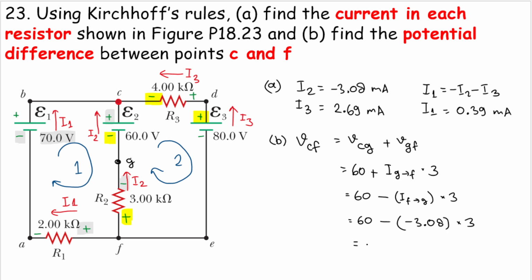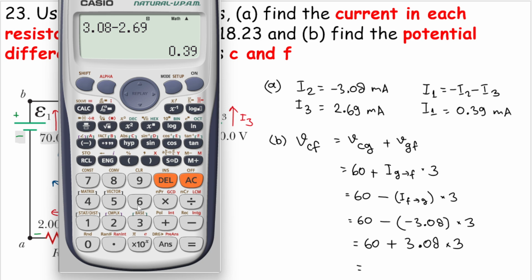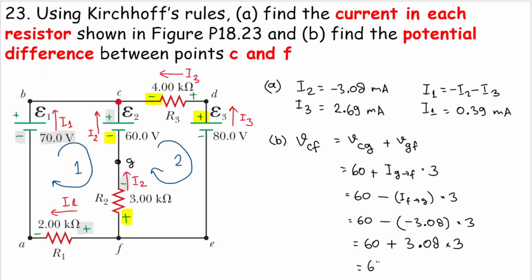So we will have 60 plus 3.08, then multiplied by 3. And I think we can just leave it to the calculator. 60 plus 3.08 multiplied by 3. And that will be 69.24. And the unit here will be in volt. So that is the potential difference between C and F.